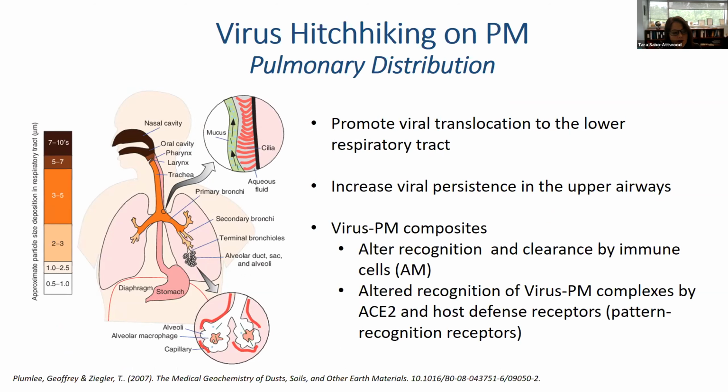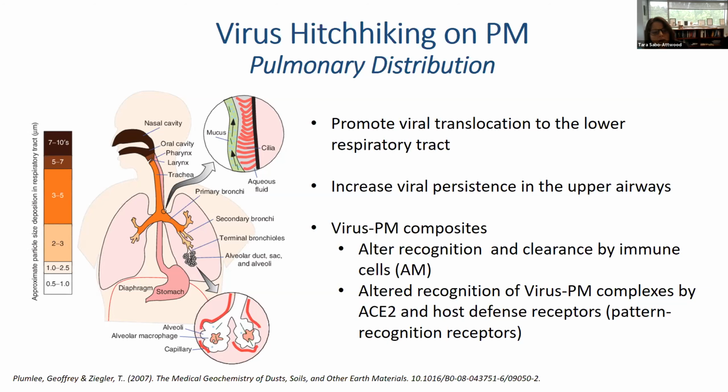So you can imagine if you have viruses attached to PM in this case, or even nanoparticles, which are even smaller than PM 2.5, this may promote viral translocation to the lower respiratory tract, which typically causes more severe infections. Or you can imagine the scenario where a virus is attached to larger size particulates, which might be retained in the upper airways or even in the nasal passages.